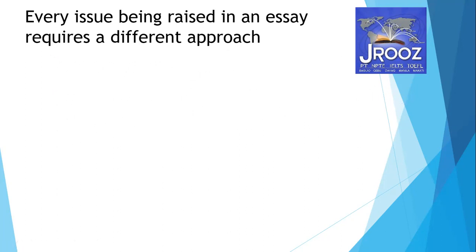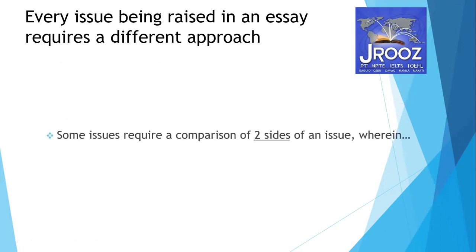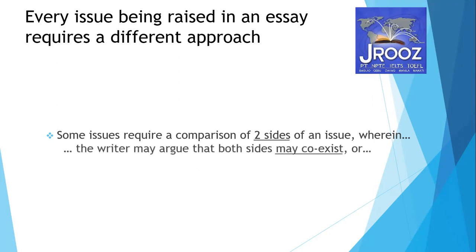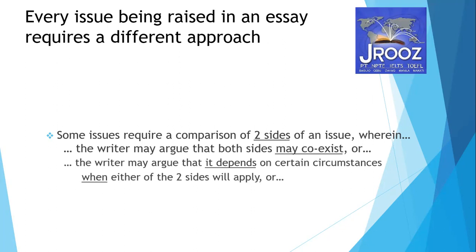Then where are we? Some issues require a comparison of two sides of an issue. So this is the classic crossover. Wherein the writer might argue that both sides may coexist, or the writer may argue that it depends on certain circumstances when either of the two sides will apply.